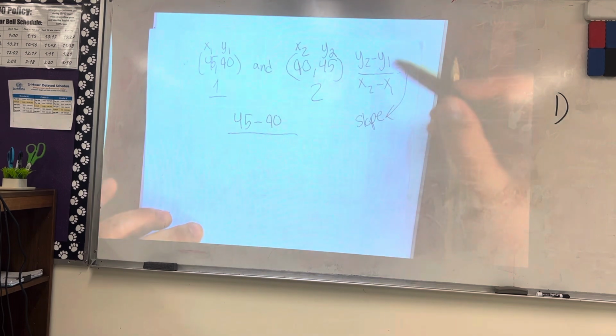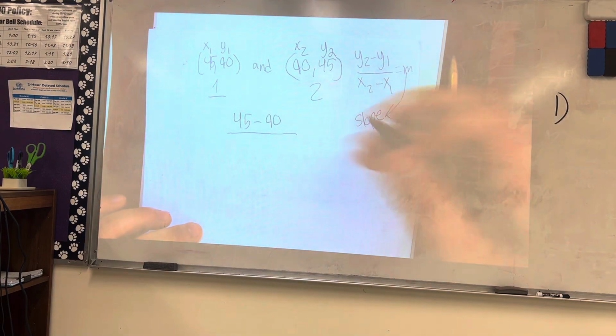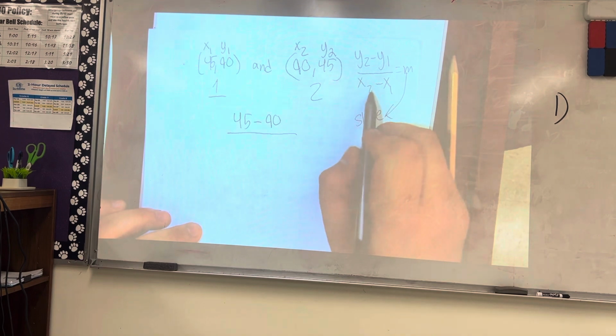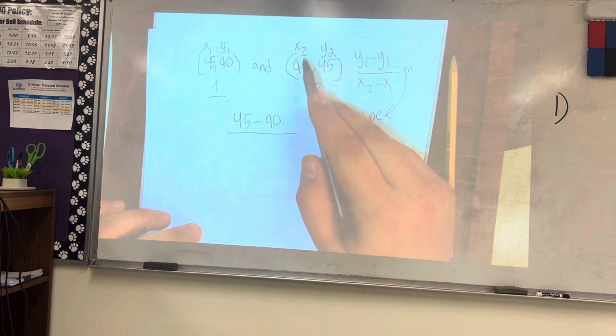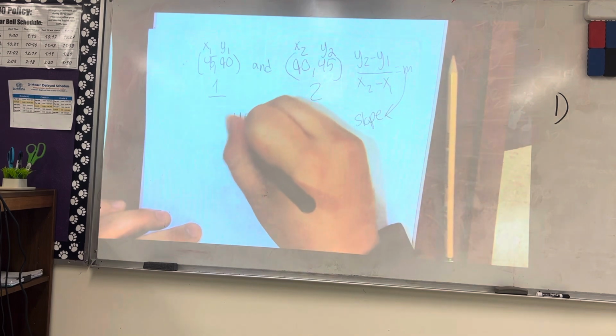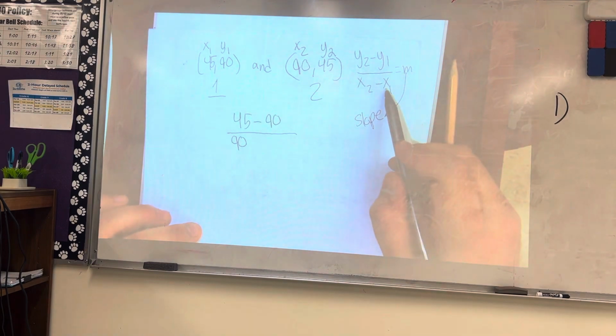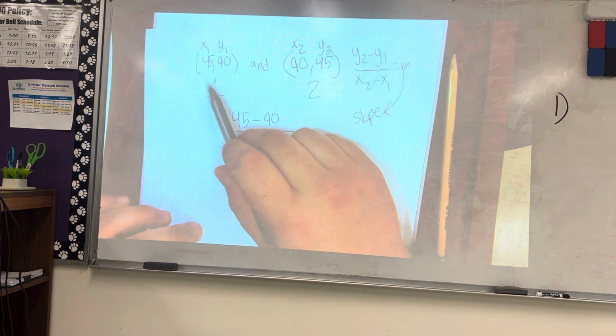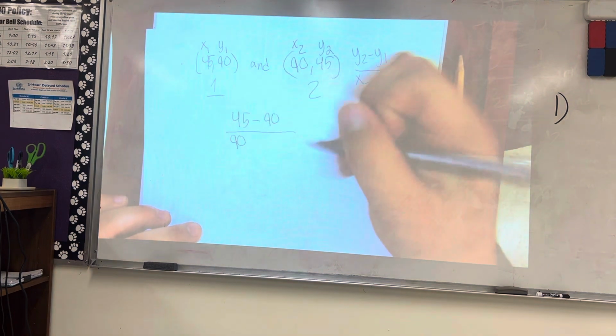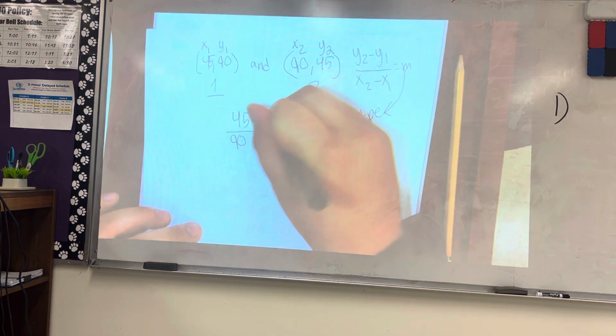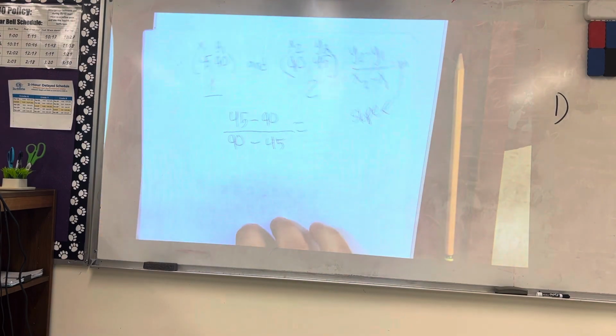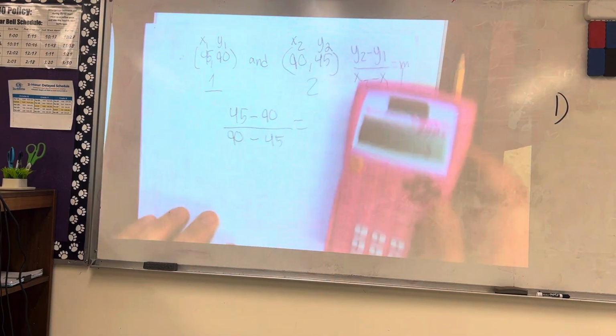Draw the fraction bar. Now let's look at x2. We're going to go to the second point and look at what's underneath x2, which is 90. And now let's find x1, which is under the first point, which is going to be subtract 45. And for this portion right here, you guys are allowed a calculator.